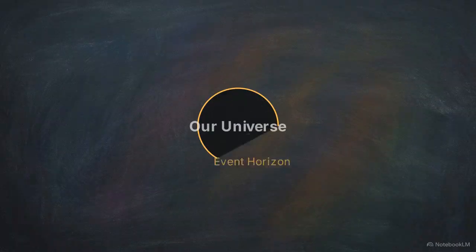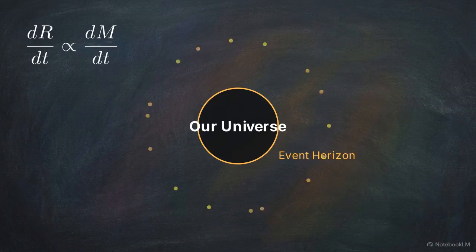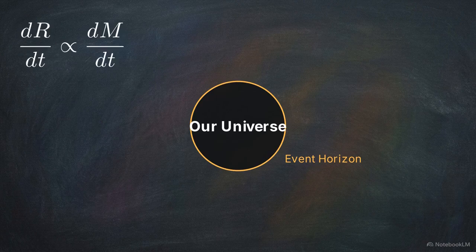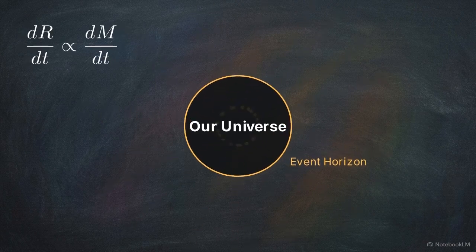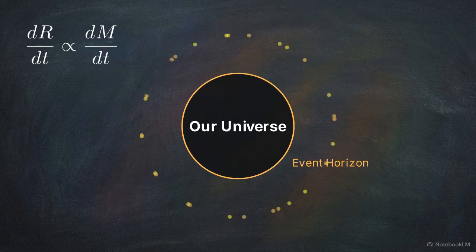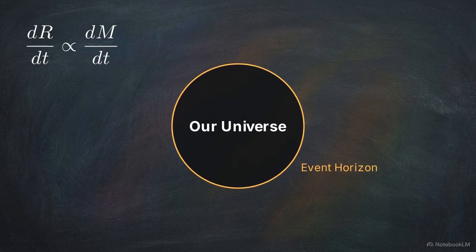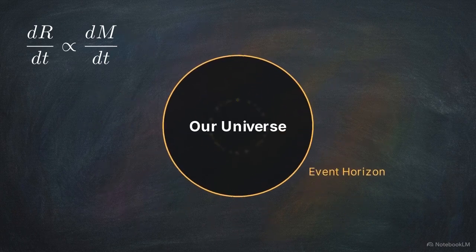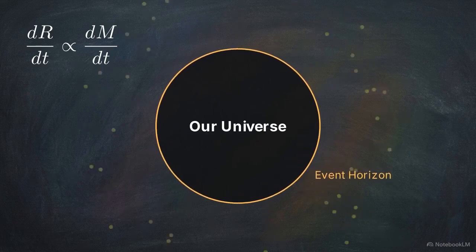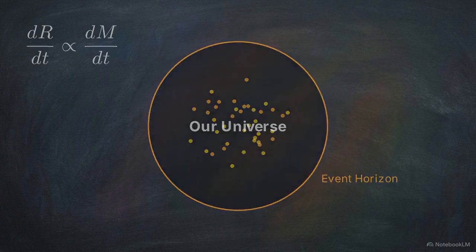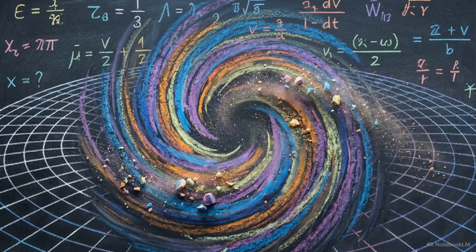This process is governed by a law of space-time expansion, where the rate of increase in the universe's radius is proportional to the rate of mass inhalation. As material crosses the event horizon, the internal spatial radius must expand to maintain the required mass-to-radius ratio. Observed cosmic acceleration is a consequence of a feeding event horizon, making dark energy unnecessary.